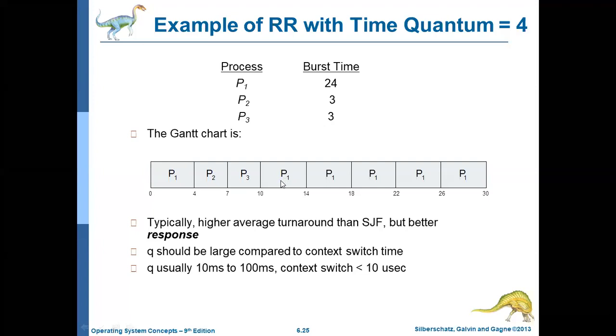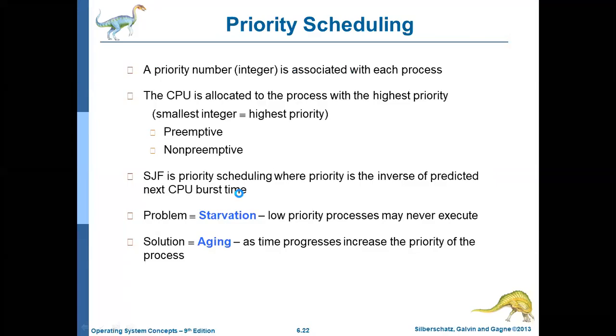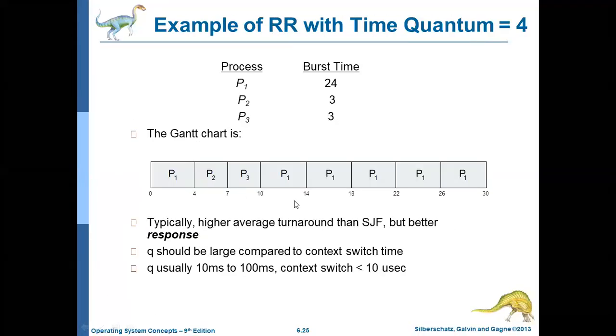Otherwise, if greater, you have to context switch to the next process. P2: 4 plus 3, 7. Again 7 plus 3, 10. Now the remaining time for P1 is 20 milliseconds, and P1 is the only pending process in the ready queue. 10 plus 4, 14. 14 plus 4, 18. 18 plus 4, 22. 22 plus 4, 26. Plus 4, 30.